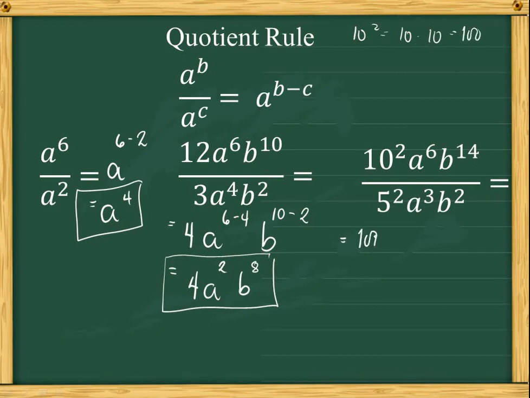So 100, a to the 6, b to the 14th power all over 5 squared, which is 5 times 5, which is 25, a cubed, b to the second power. 100 divided by 25, that is 4.